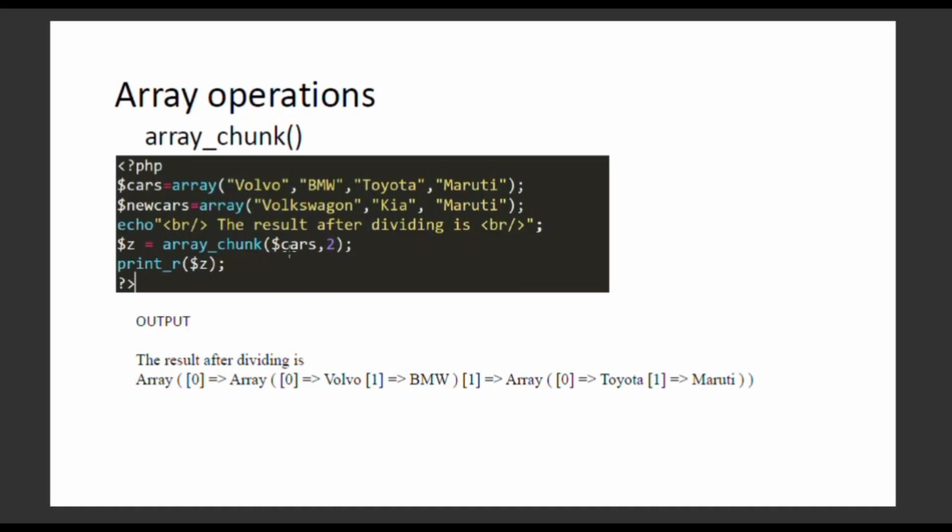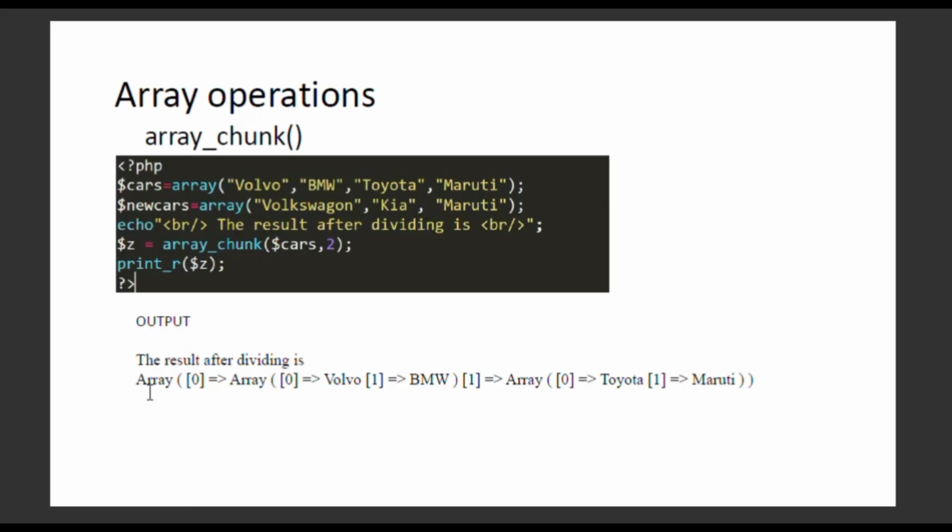Here you can see in array_chunk we have to give the input as first the input array that you want to split, and separated by comma we have to give the number of elements in each chunk. Here you can see I have printed $z, meaning the chunk values.